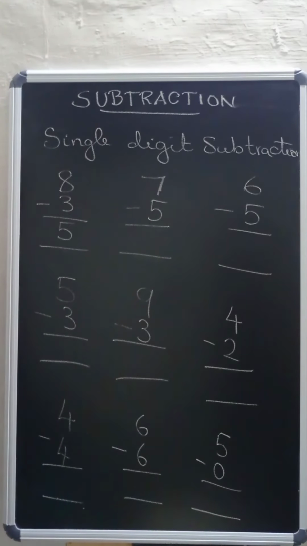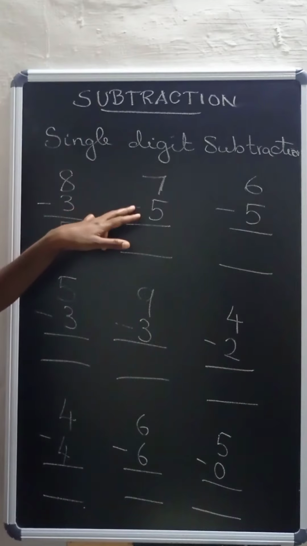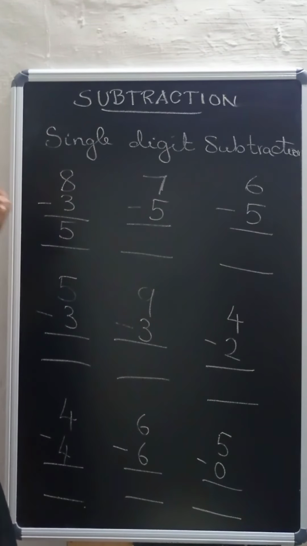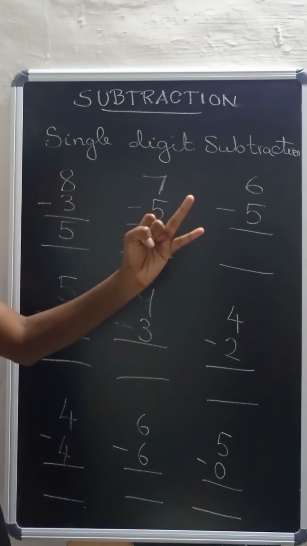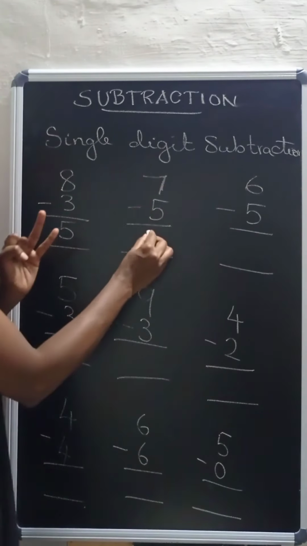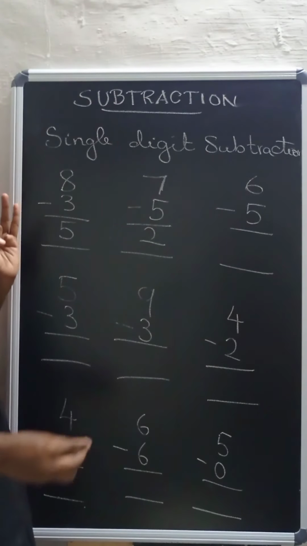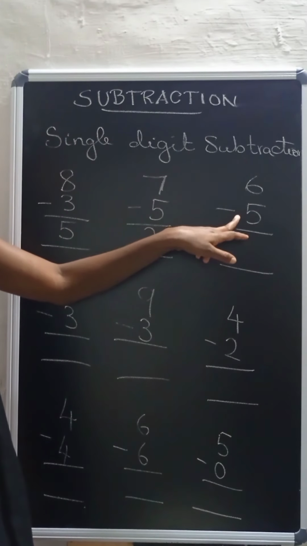Now next sum, 7 minus 5. Now 5 in the mind, till 7 you need to count. After 5, 6, 7. How many fingers you got? 1, 2. So 2 is your answer. So 7 minus 5 is equal to 2. Next sum, 6 minus 5.